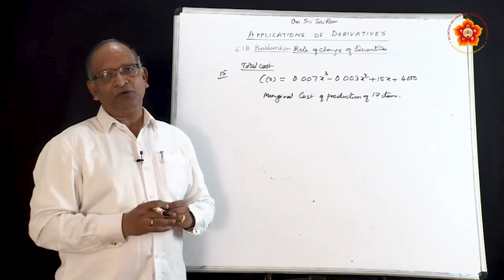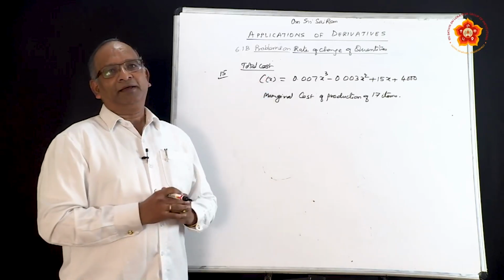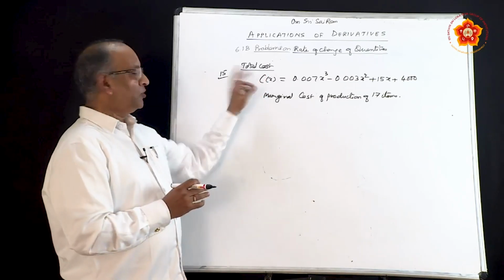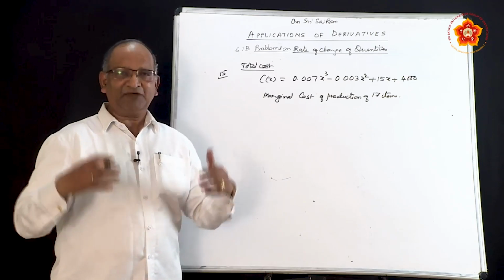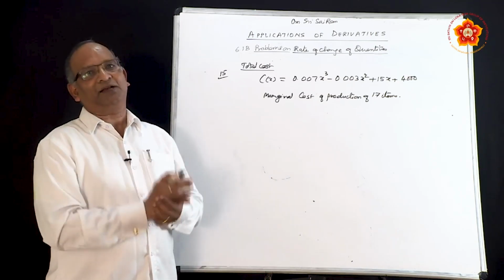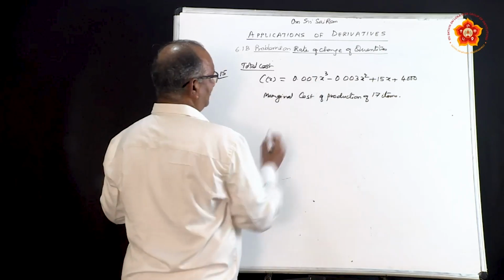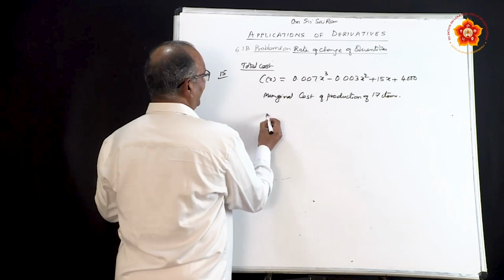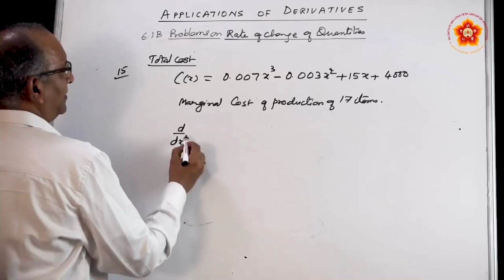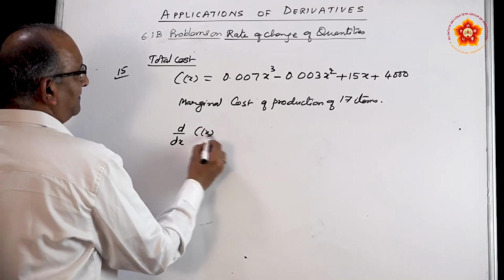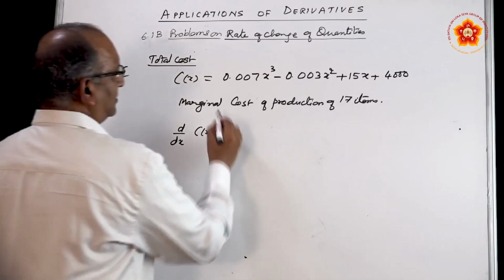So what do we do? Find the rate of change of the total cost. The rate of change of total cost is only called marginal cost. So find the derivative, that means differentiate with respect to x. You will get d dx of C of x, that is total cost.